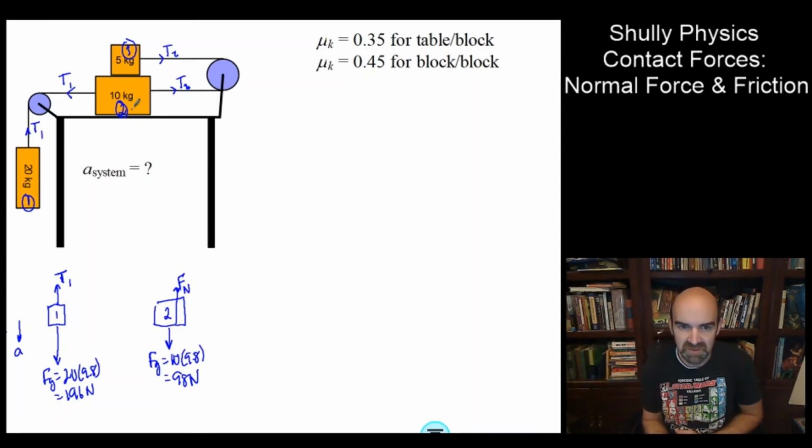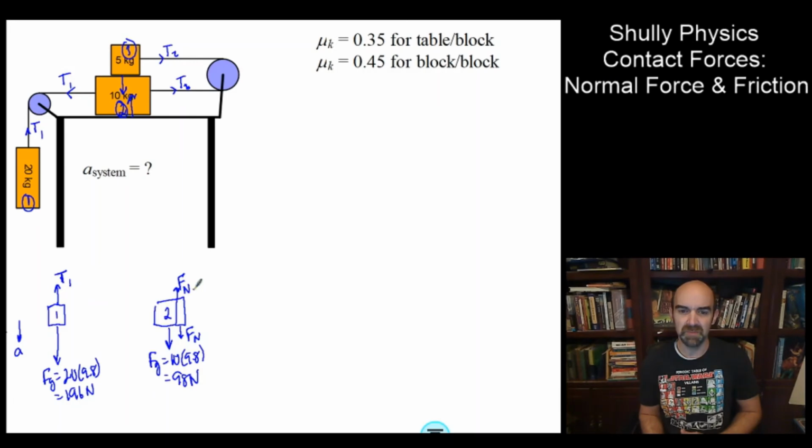But this normal force down here is different than this force up here. That 5 kilograms pushing down on that one, this is the table pushing up on block number 2. So there's also going to be another normal force here, and we can't really call them the same thing.